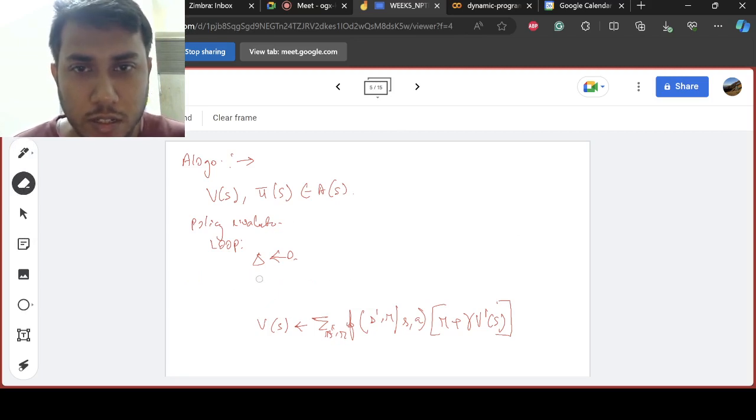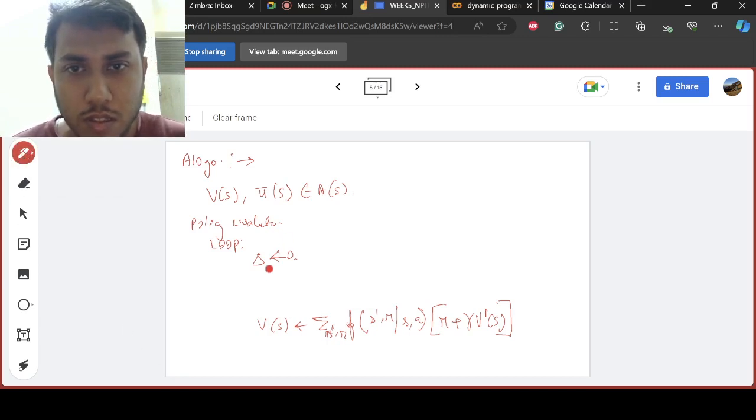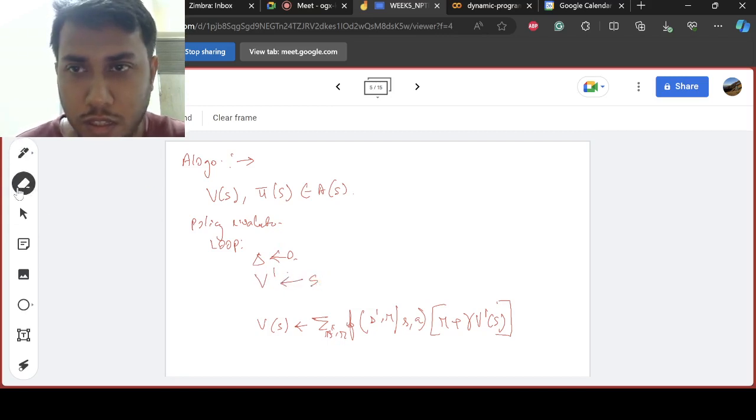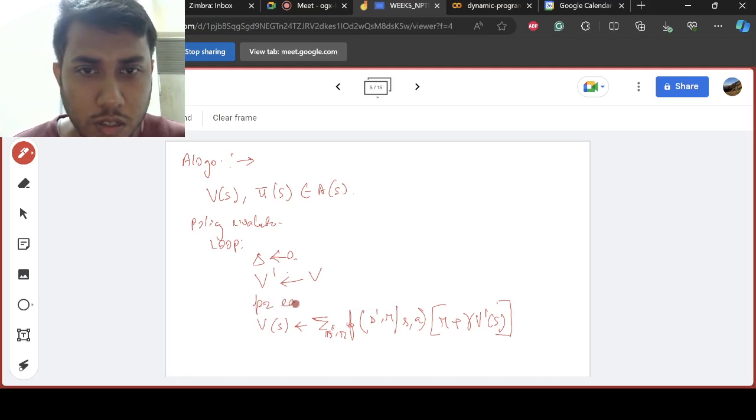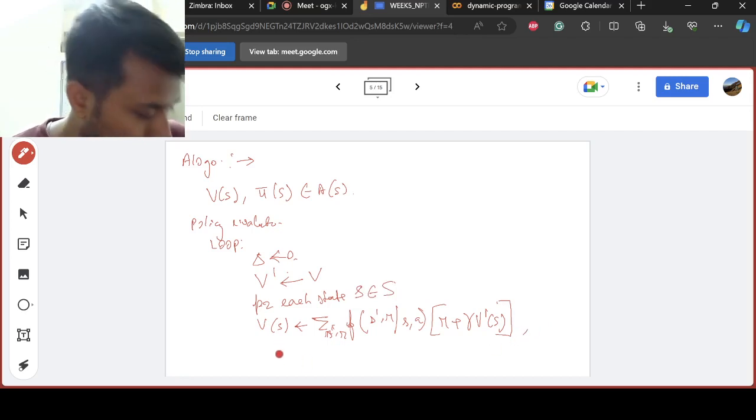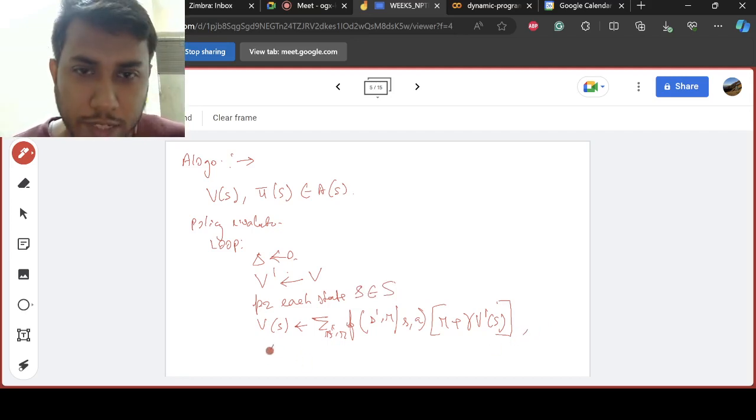So let me write v dash is basically v, for each state s belonging to S. Now we will find the delta.